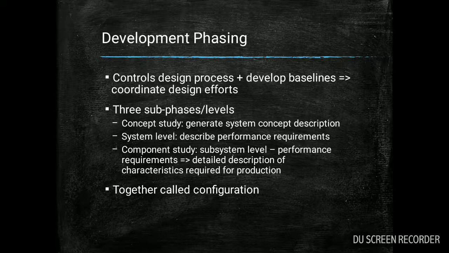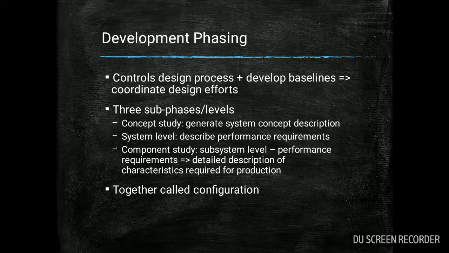When it comes to the subsystem level, we also see the performance requirements, such as the detailed description of characteristics required for production. If there are any issues with the current working of the system, we need to reorganize or recycle the product. Then we have to take all this development phasing into consideration once again.